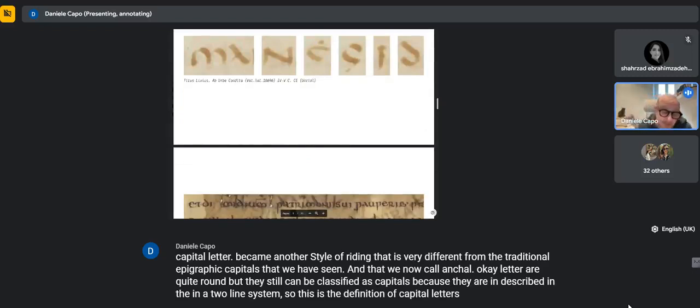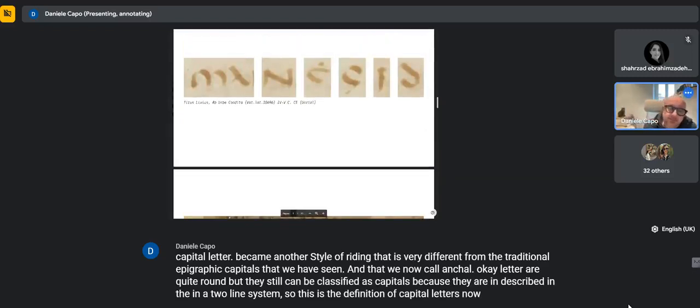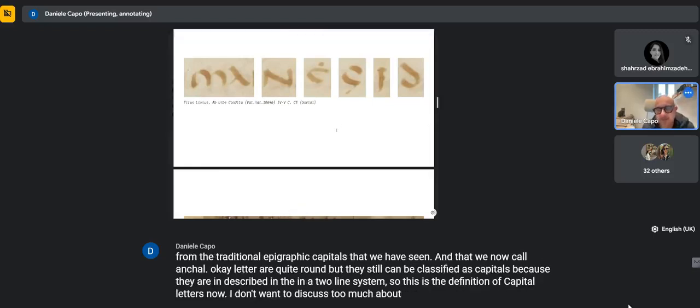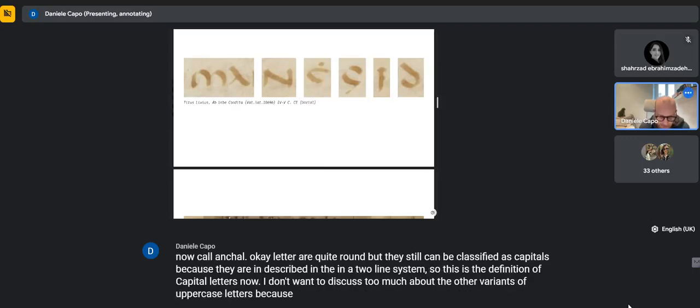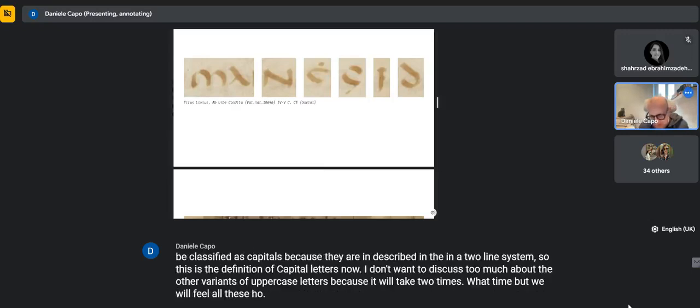So this is the definition of capital letters. I don't want to discuss too much the other variants of uppercase letters because it will take too much time, but we will fill all these holes in the next lessons.